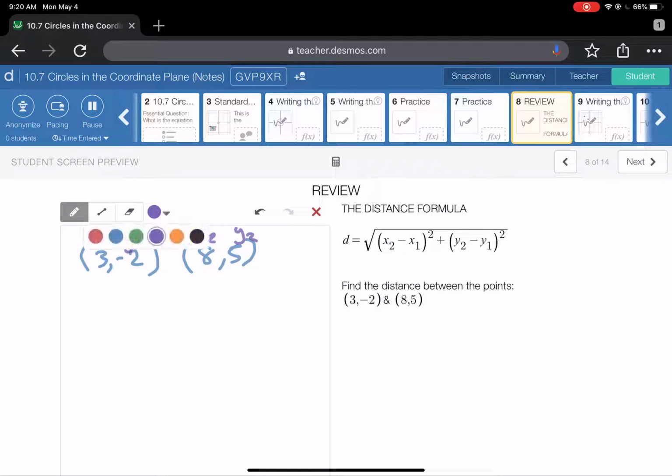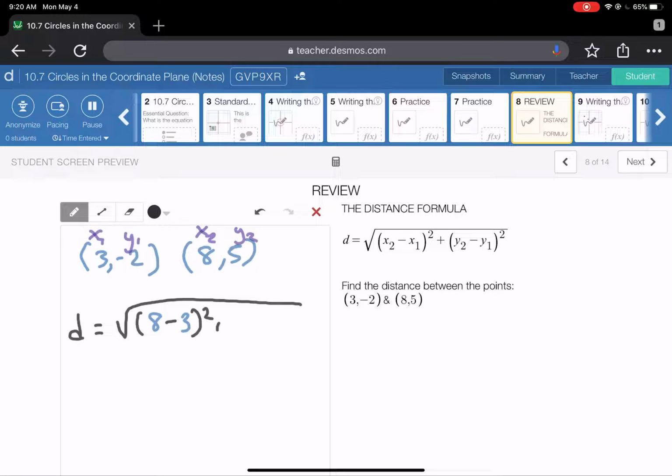So then to find the distance, I'm going to substitute it into the distance formula. So I have the distance is equal to the square root of (x2 minus x1), so x2 minus 3, squared.